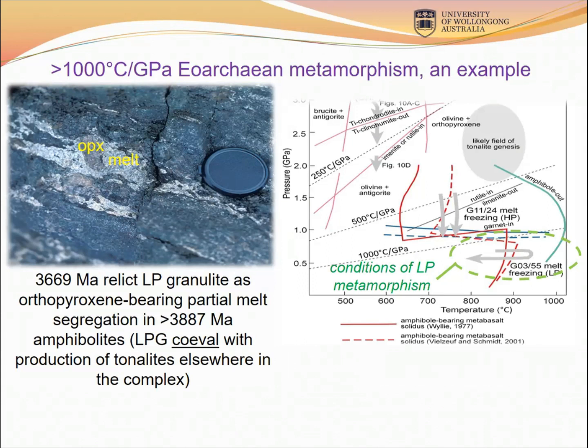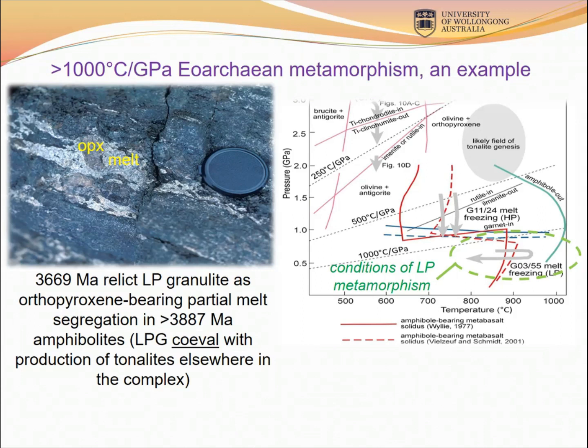And within it, fortuitously preserved in just one or two localities, you have these little patches of melt, which is broadly tonalitic in composition. And those melts formed in equilibrium with orthopyroxene crystals. So here we have melt formed with orthopyroxene, not with clinopyroxene and garnet. In other words, indicating lower pressure conditions of metamorphism. So that is indicated there for that metamorphism.